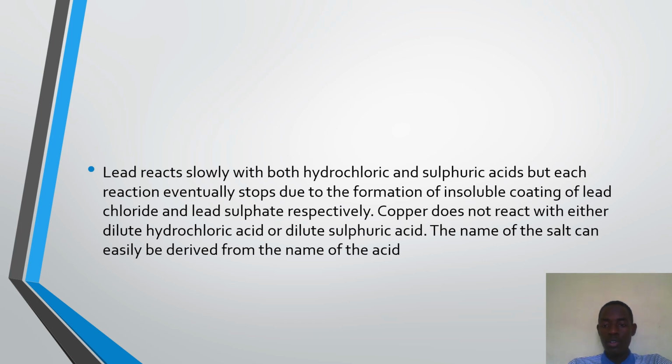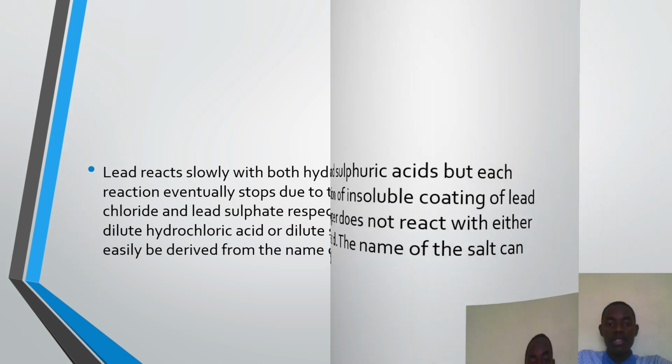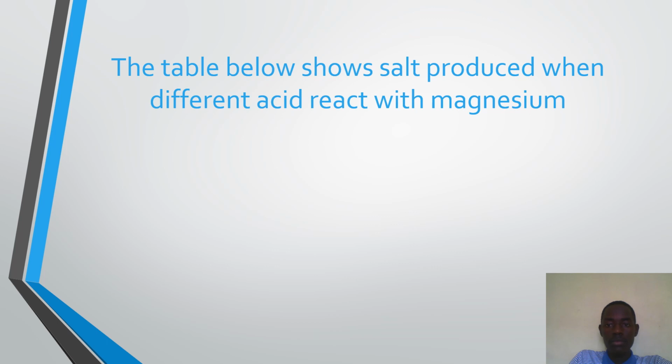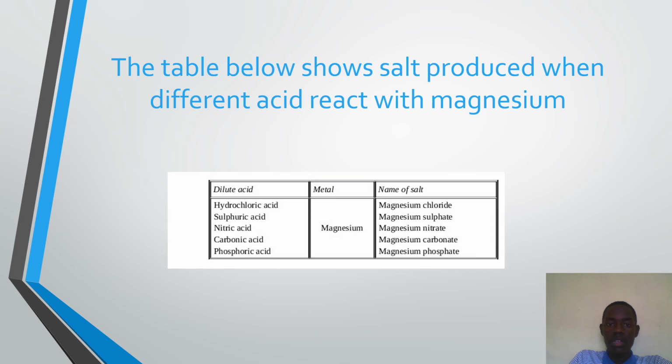The name of the salt can easily be derived from the name of the acid used. For example, let's check this table. In the case of magnesium, the name of the salt formed depends on the type of the acid used.